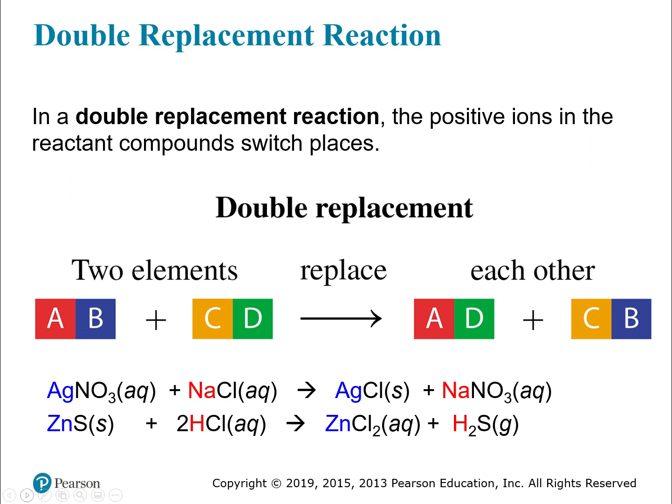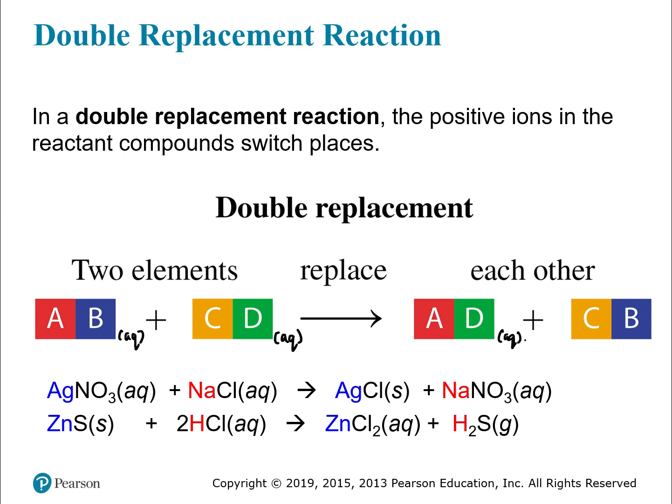In a double replacement reaction, you've got the positive ions in the reacting compound switching places. So A and B are roommates in their own little aqueous apartment known as a flask. C and D, they've got their own place across the hall. Then they swap roommates. A and D become friends.